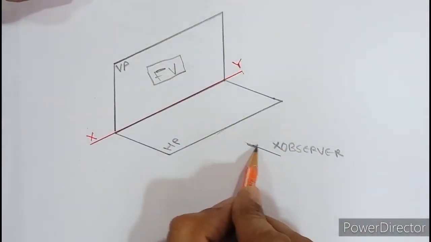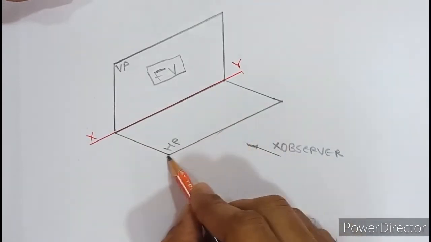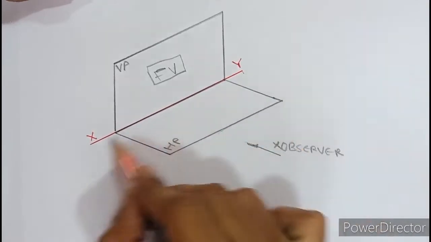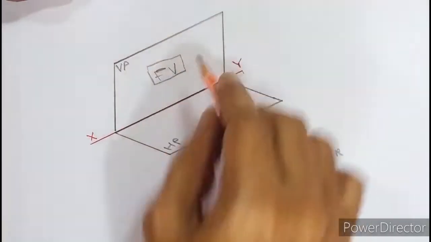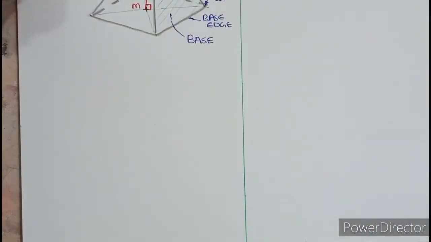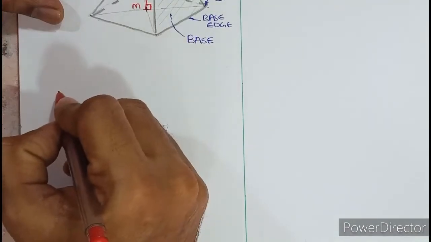When you look in the front view, you cannot see HP. In fact, HP will be seen as a line. Or you can say in the front view, HP and XY will overlap and the front view is drawn above. So this understanding is required. As a note, we can write down like this, that this is the XY line.